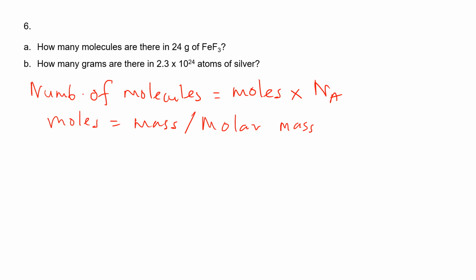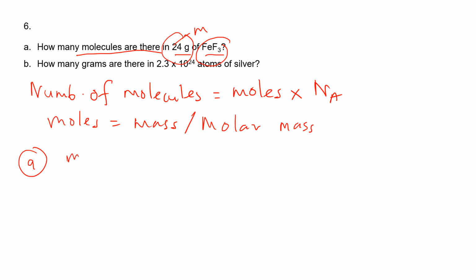Okay, so we look at question A first. How many molecules are there in 24 grams of FeF3? So from this question, we have mass and the formula of FeF3. So meaning that we can calculate the molar mass for FeF3.